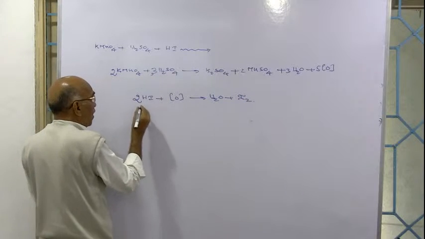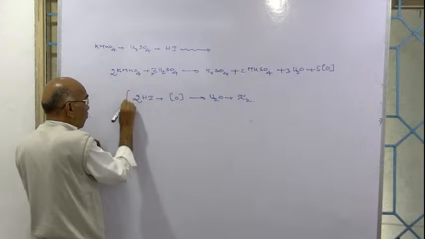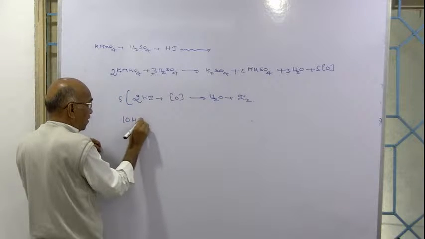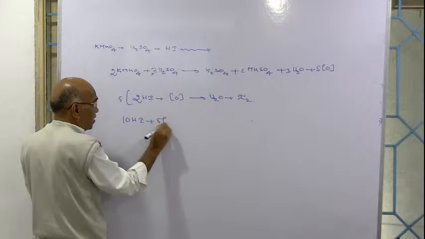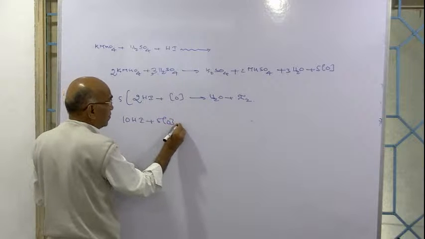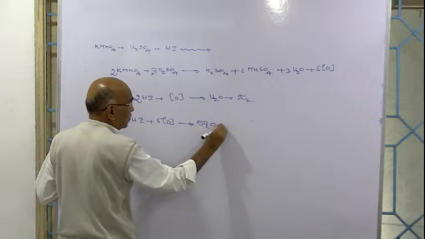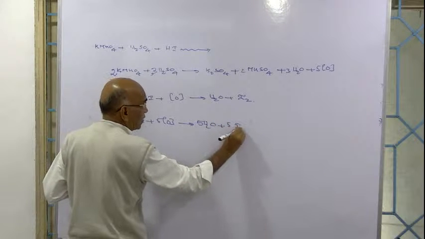So you are getting 5 nascent oxygens. Multiply with 5: 10 HI plus 5 nascent oxygens gives 5 water, 5 iodines.